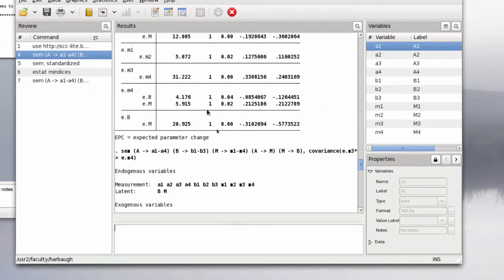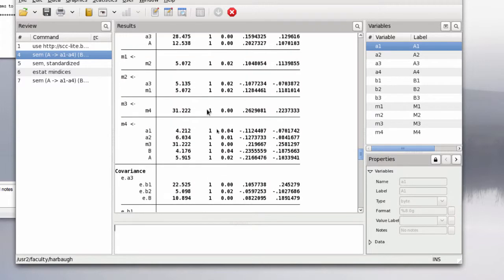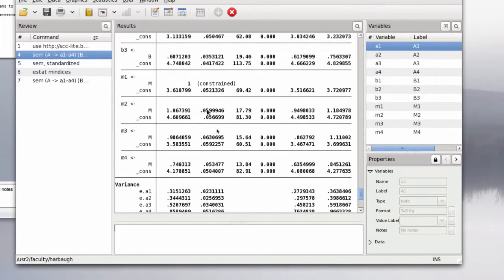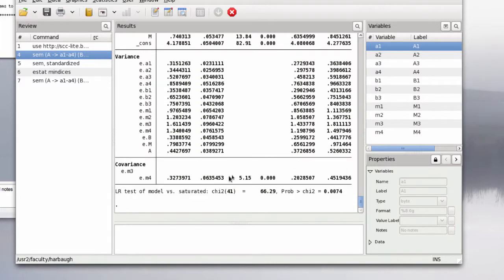All right, so I'm going to scroll up again for one thing, there was something I meant to write down and I forgot. So 42 and 96.44. All right, so now let me scroll down to the very bottom. Now I have 41 degrees of freedom with the value 66.29, and my chi-square is 0.0074.